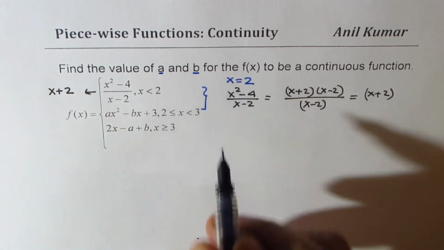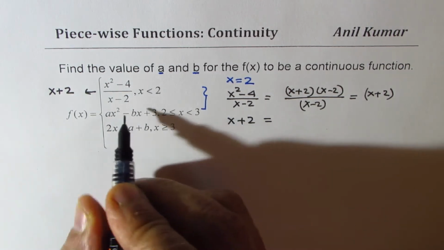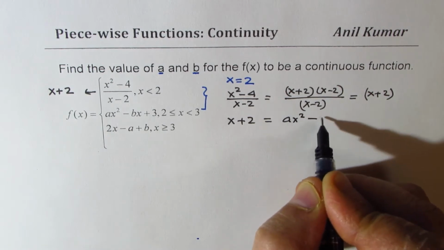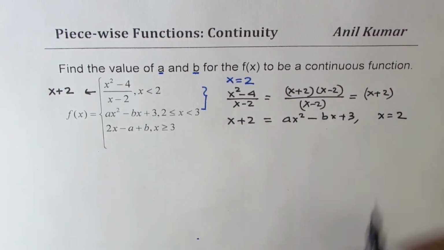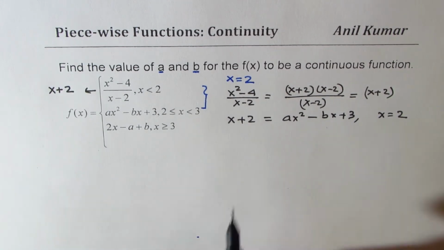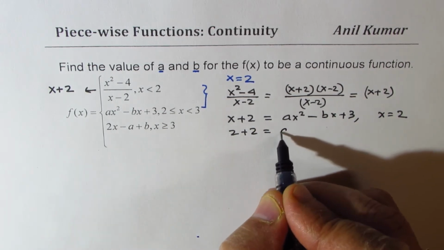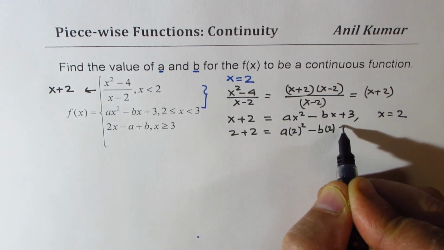So at 2, x plus 2 should be equal to this equation, which is ax squared minus bx plus 3 at x equals 2. That is how we get our first equation. So let's substitute 2 here. We get 2 plus 2 equals a times 2 squared minus b times 2 plus 3.